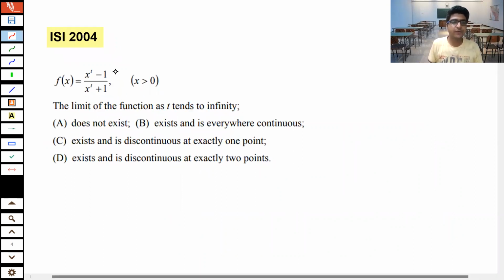Here the function is equal to x to the power t minus 1 upon x to the power t plus 1, and the limit of the function as t tends to infinity, and these are your options. It does not exist and is everywhere continuous, exists and is discontinuous at exactly 1 point, exists and is discontinuous at exactly 2 points.